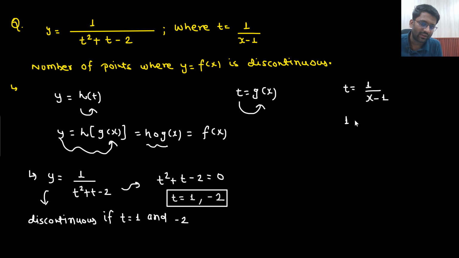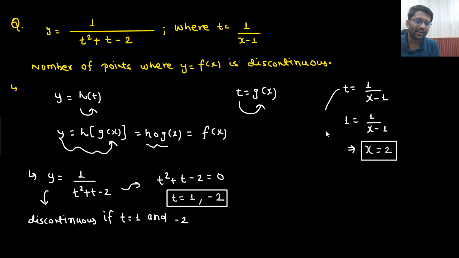So if t equals 1, then what will be the value of x? The value of x will be 2 only. And if t equals minus 2, then what will be the value of x?